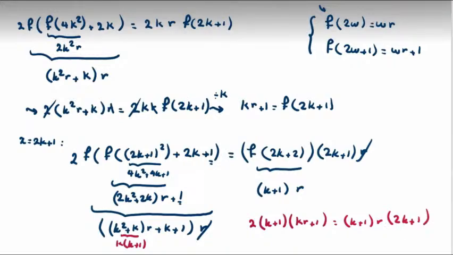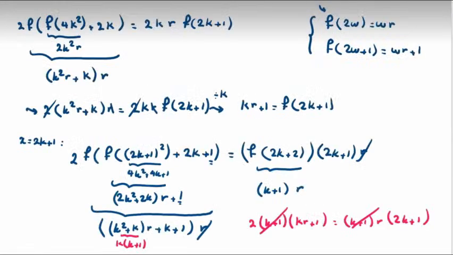Now, because we know k is positive, 2k plus 1 and k plus 1 are obviously positive here, because k can be from 0, and we cancel these two things, we divide, so let's write 2 times kr plus 1 equal to r times 2k plus 1.